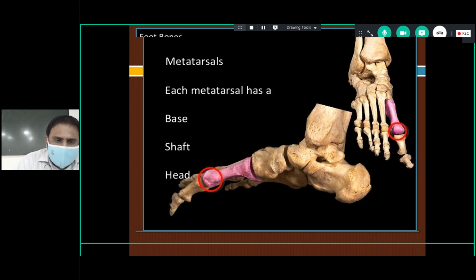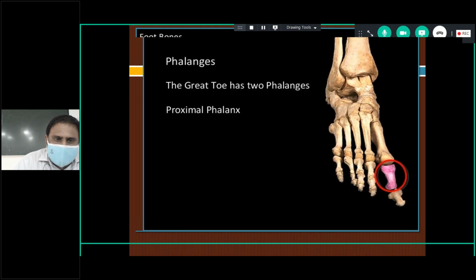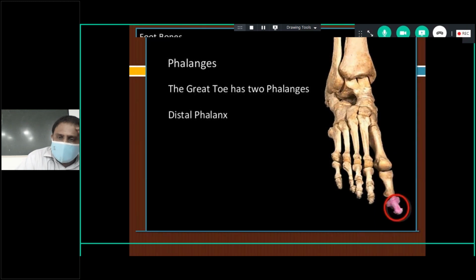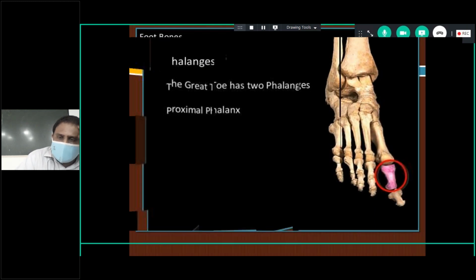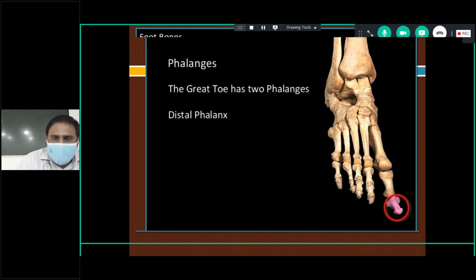Next is the great toe. The great toe consists of two phalanges, proximal and distal. Only two phalanges.